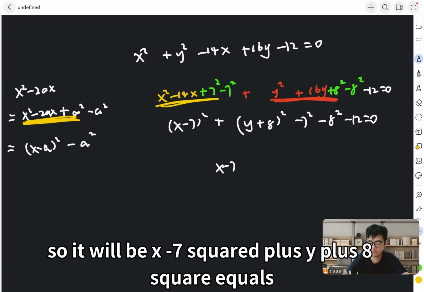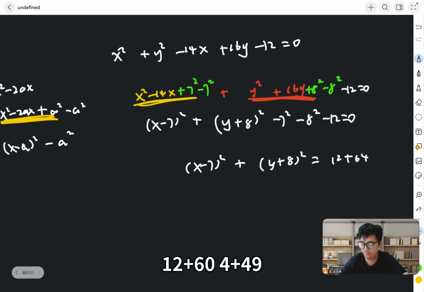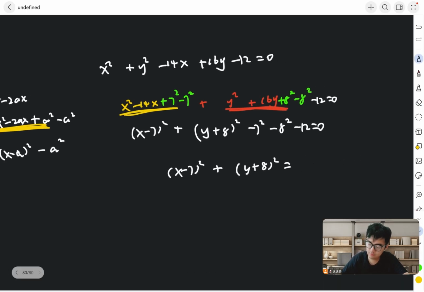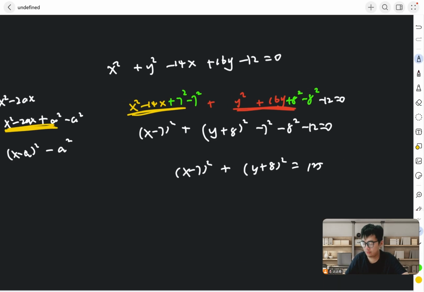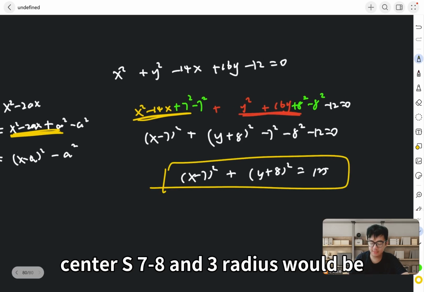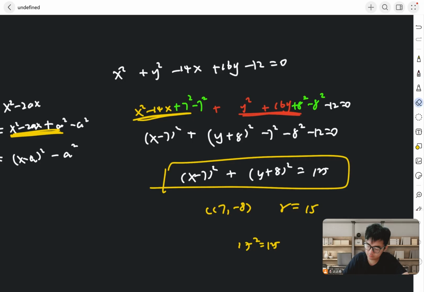So it will be (x - 7)² + (y + 8)² = 12 + 64 + 49, which is 125. So after using completing the square, we will read its center as (7, -8), and the radius would be √125.